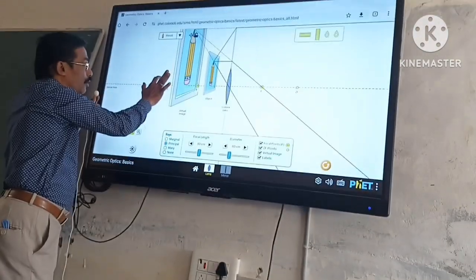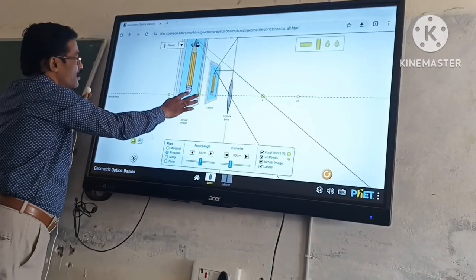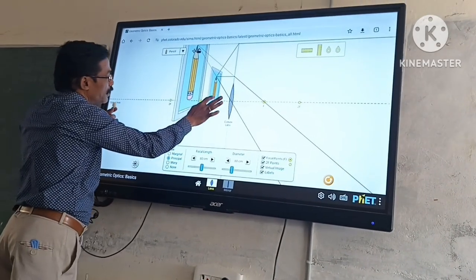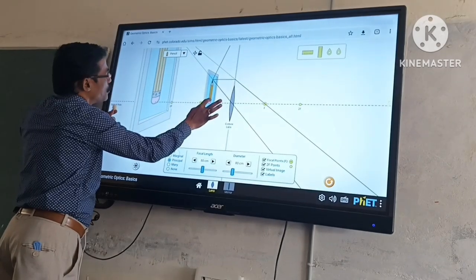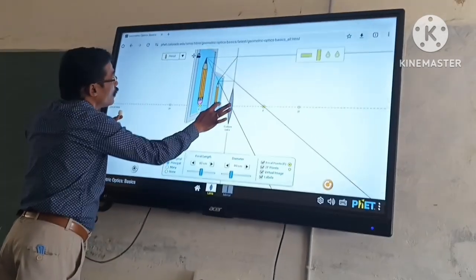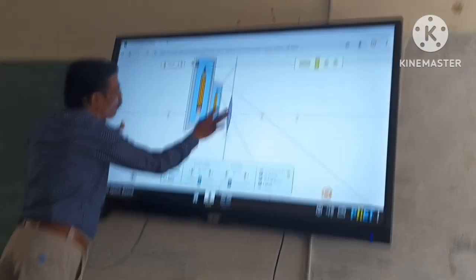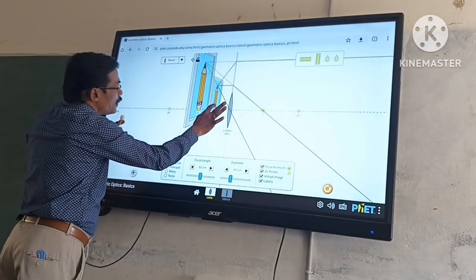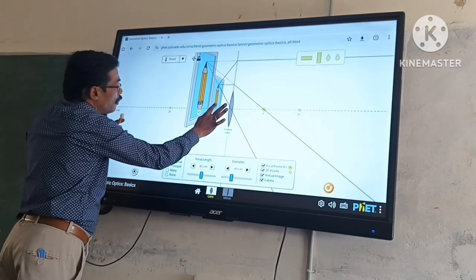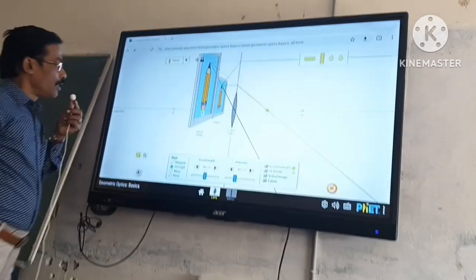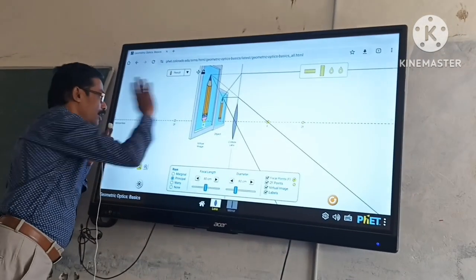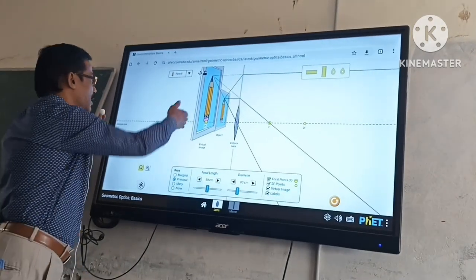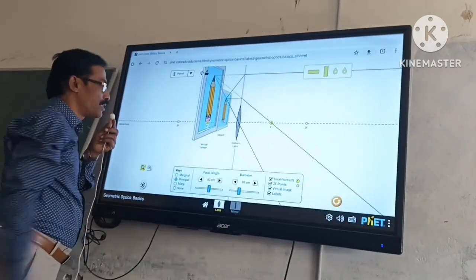You can observe the image size. This is the place where you will observe. The image is formed behind the object; that is a virtual, erect, enlarged image.